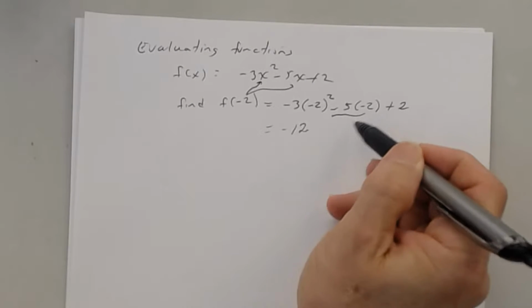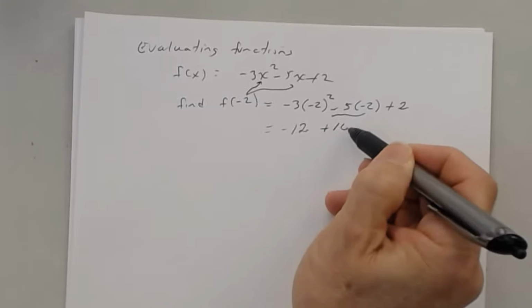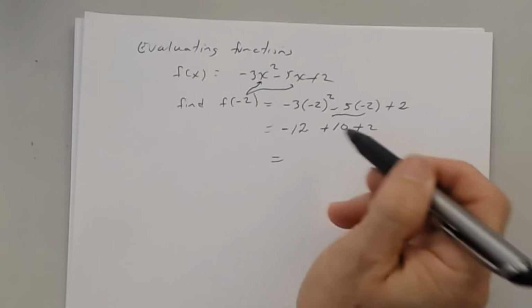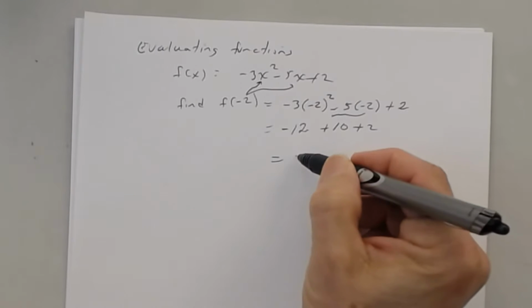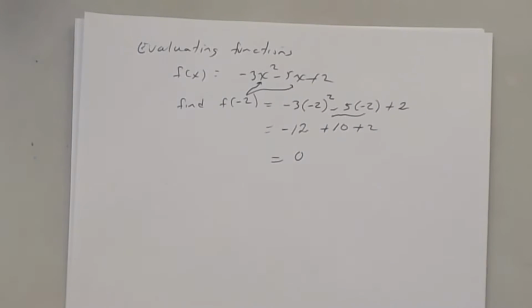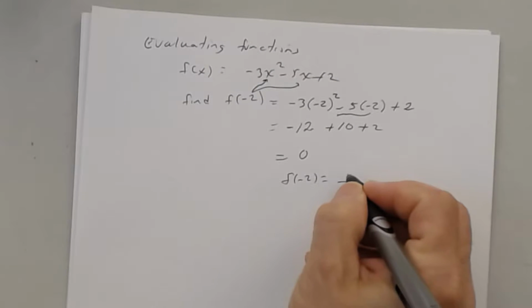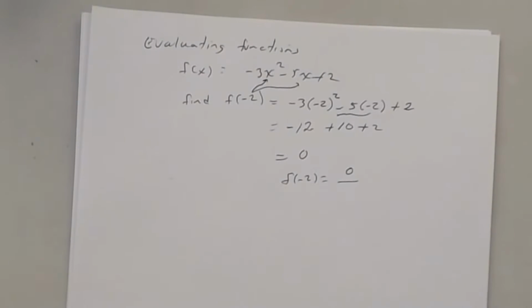Negative 5 times negative 2 is a positive 10, right? And then 2. So what's negative 12 plus 10 plus 2? 0. So on the worksheet, you're going to say f of negative 2 equals blank. And what do you put in the blank? 0.